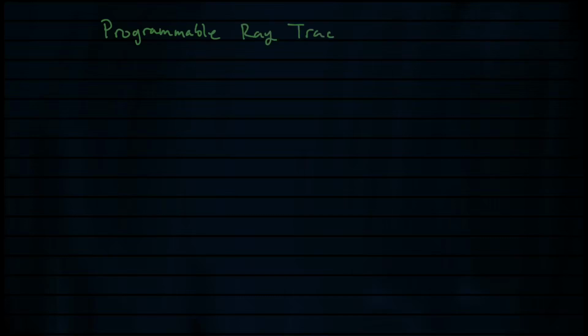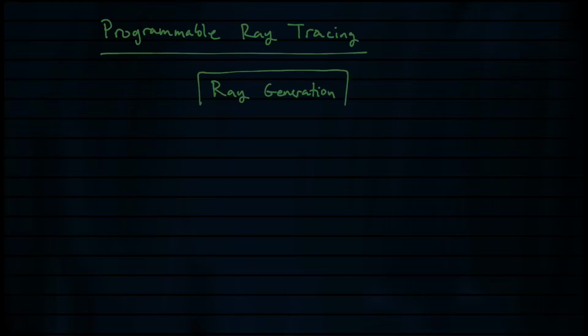This is essentially the architecture for the new DirectX 12 ray tracing. The way that this works is we have a step called ray generation. And this will basically create rays. And this goes into some sort of acceleration structure.